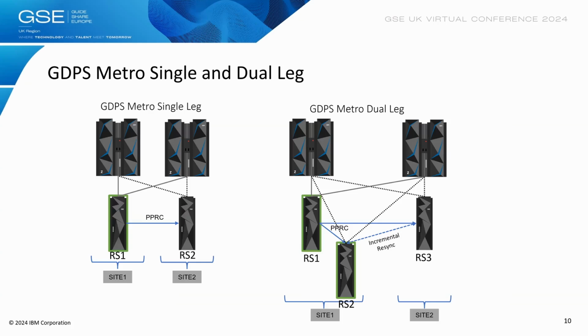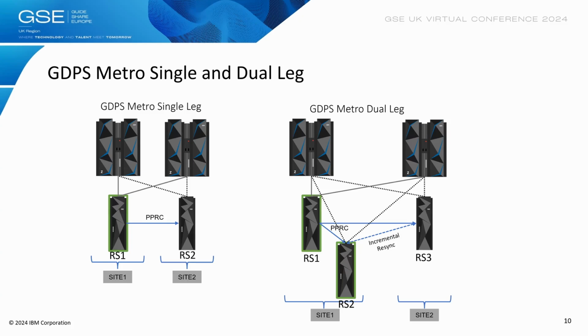As I already mentioned earlier in this presentation, GDPS Metro exists for single leg or dual leg configuration. The GDPS Metro dual leg configuration allows you to have two synchronous replication legs, so it extends the HyperSwap capability to both replication legs. In case of a primary disk failure, the HyperSwap can take place on either leg.